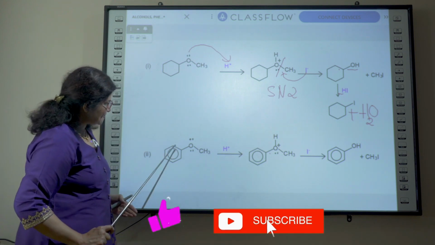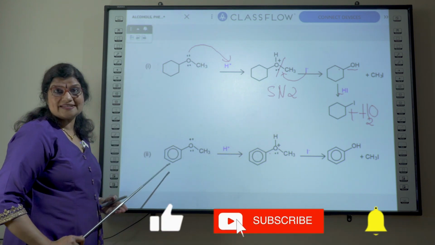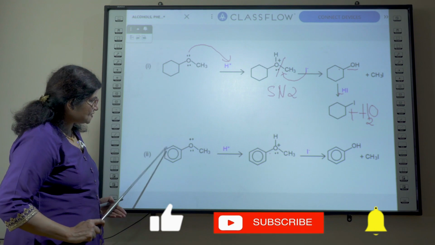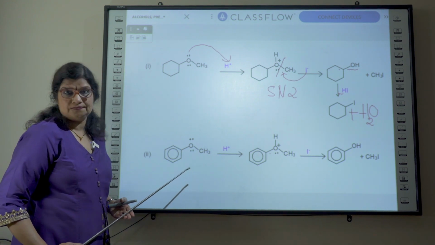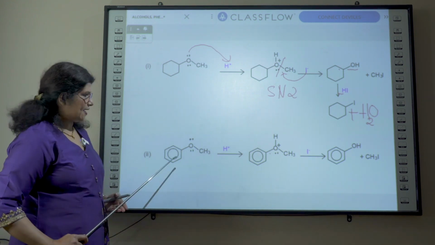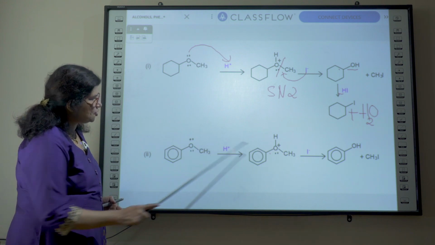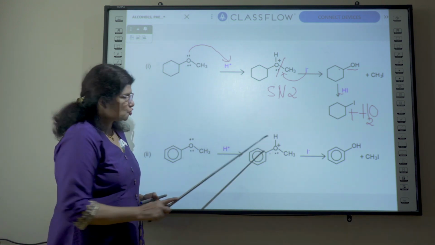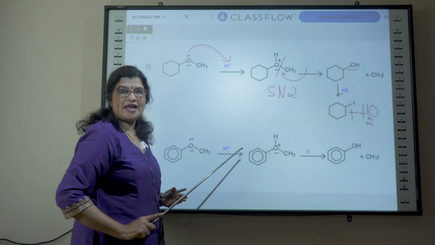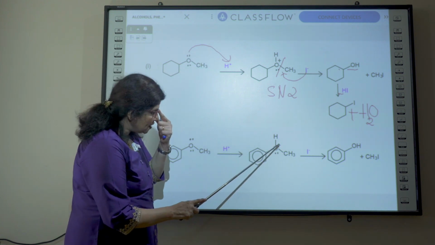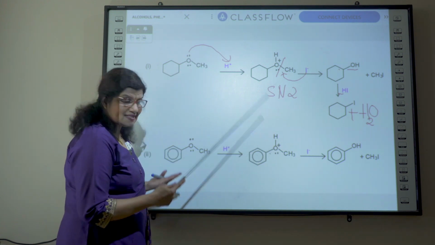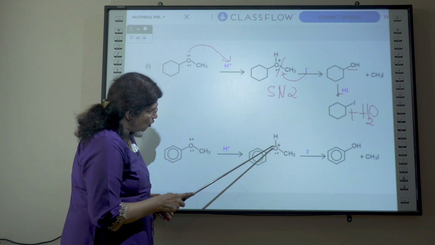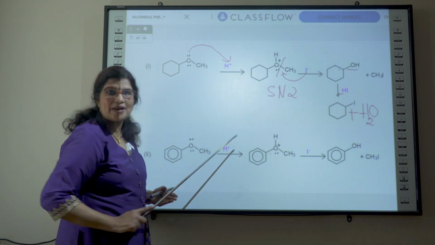In the second reaction, we have an aromatic ring. It's an aryl ether, methoxybenzene or anisole. The first step is the same, wherein the protonation of the ether occurs. So you have a positive charge on this oxygen atom. In order to neutralize this positive charge, as I mentioned earlier, this C-O bond or this C-O bond has to break.